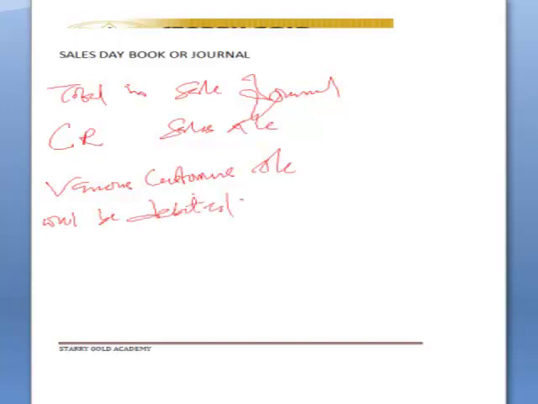Take note of that. There is also a need for us to recognize what we call trade discount. A trade discount is given to a customer in order to encourage bulk purchasing.